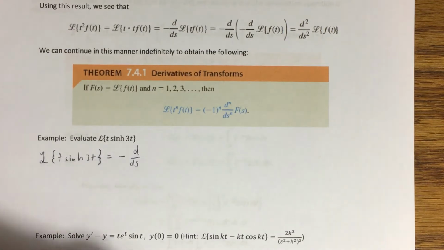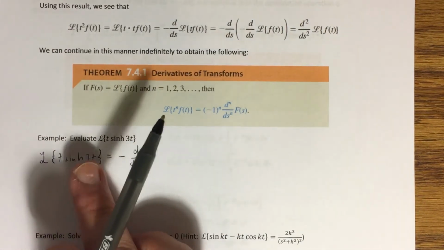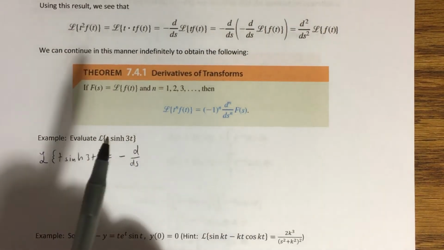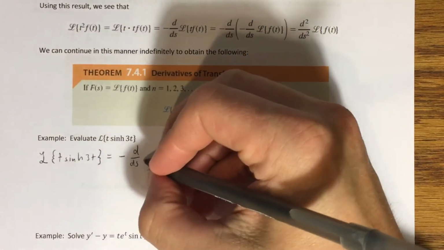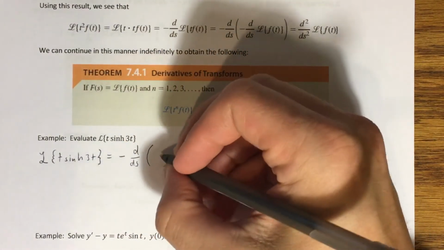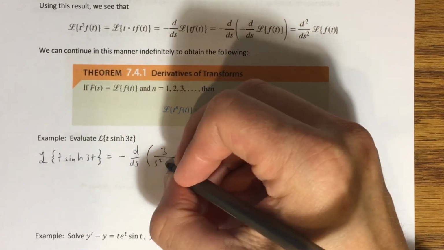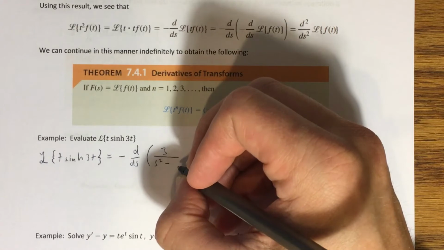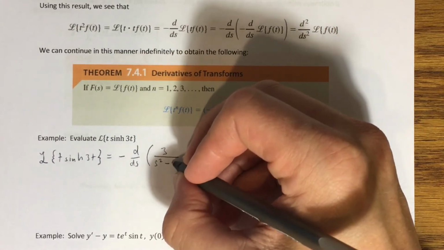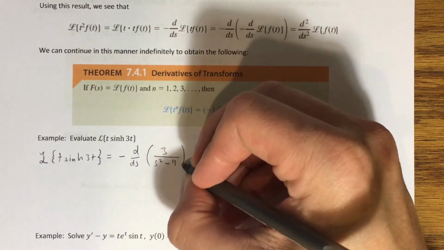Okay, and we have a table that gives us this, the Laplace transform of sinh of 3t. This would be equal to 3 over s squared minus 3 squared. Okay, and that's equal to 9 there, so we're going to go like that.